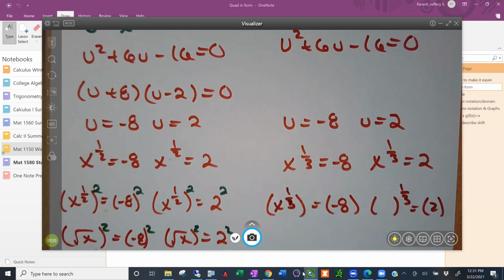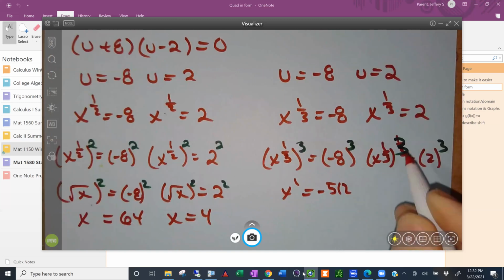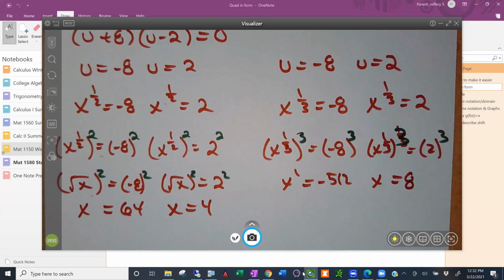So if I cube both sides, then I should get x. 3 times 1/3 is x to the 1st power. -8 cubed is -512. And then 3 times 1/3, oh, that's x to the 1st power again. You know what? I'm just going to write x. 2 cubed is 8. So I get 2 solutions here.